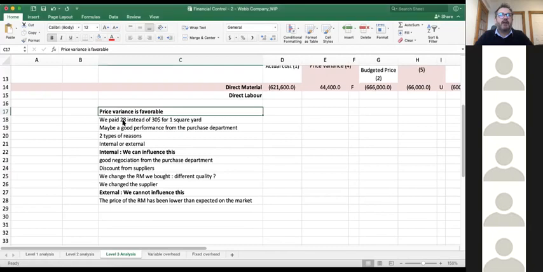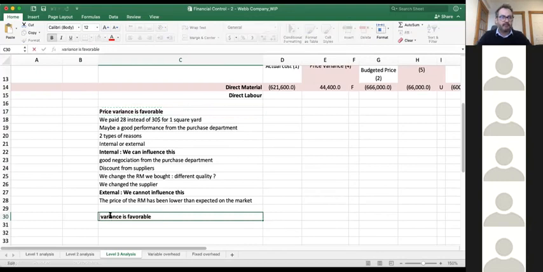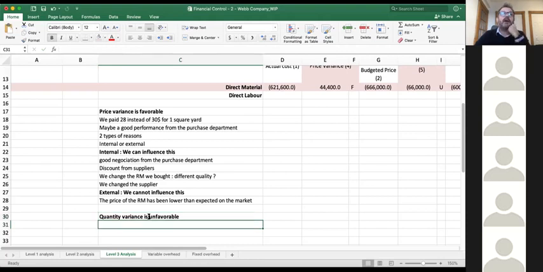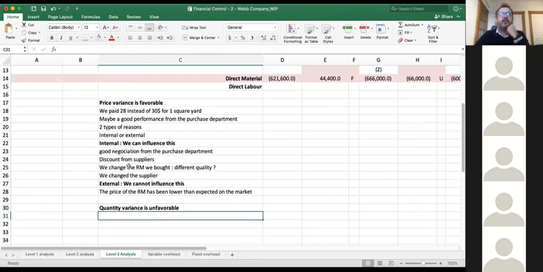So about the quantity variance, which is unfavorable. Same thing.